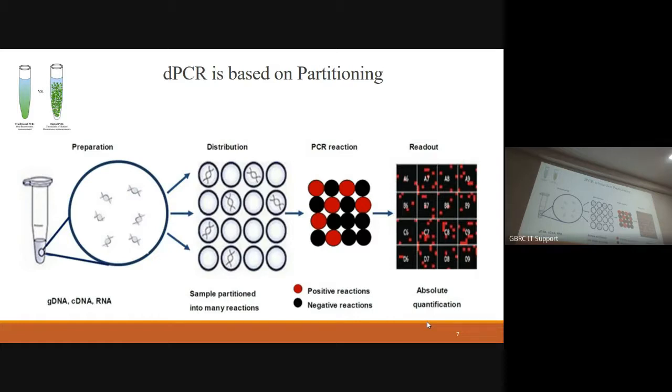So you see that your one sample has been distributed into so many, and there will be a separate PCR reaction for each. So your sensitivity will be very high, and you can quantify rare targets also.